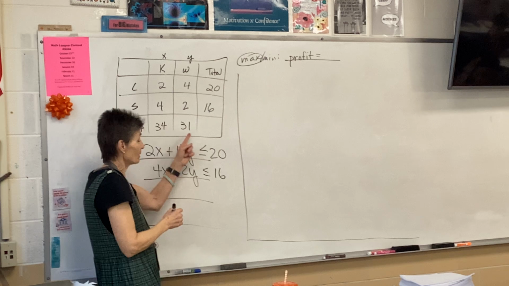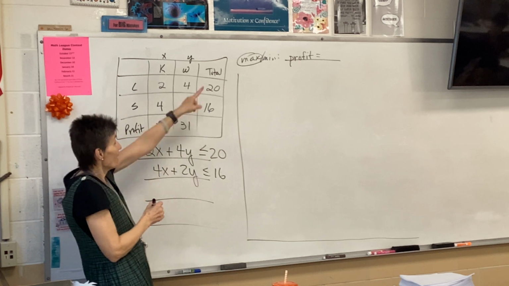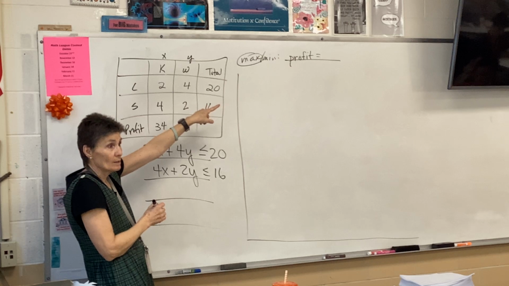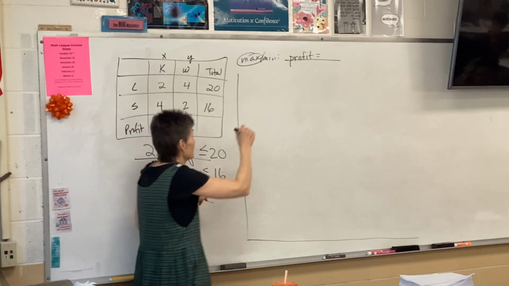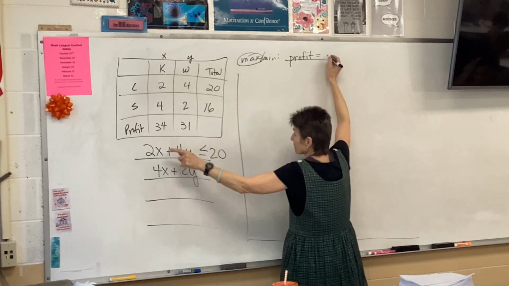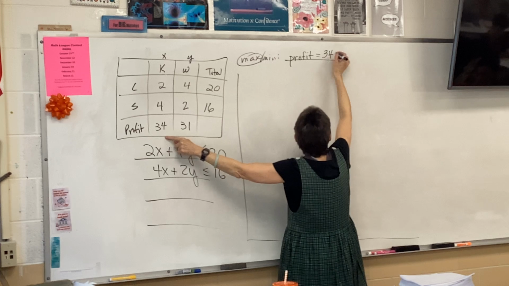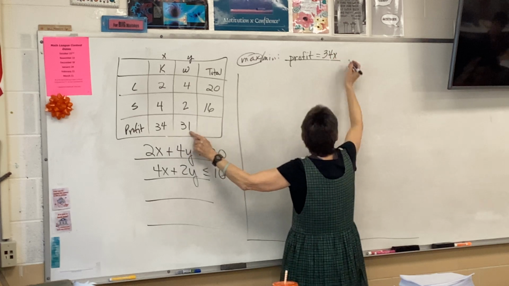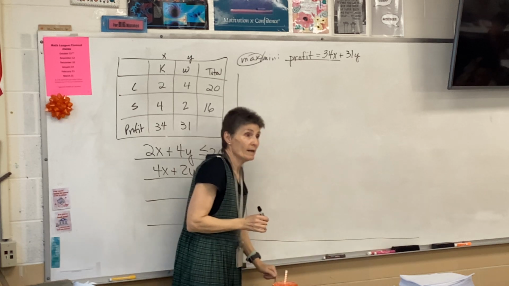Now this one doesn't get graphed because this one is my profit, and that's what I'm trying to maximize. So how do I calculate my profit? $34 for every x plus $31 for every y.